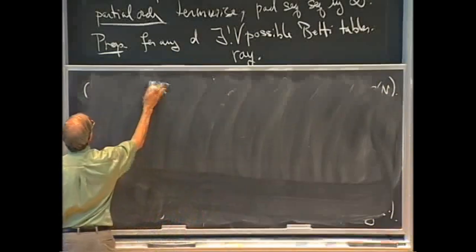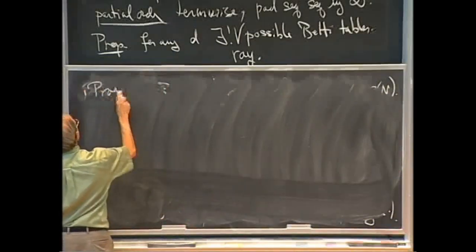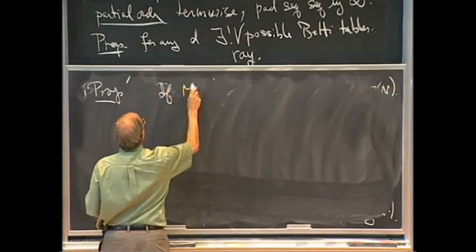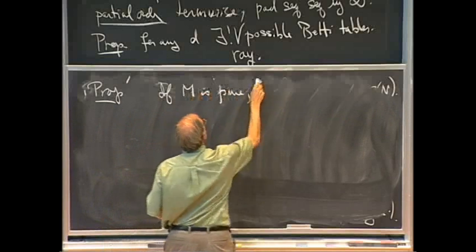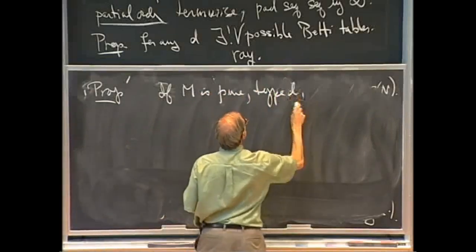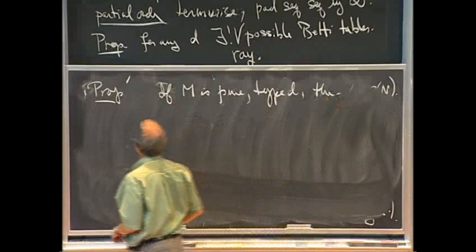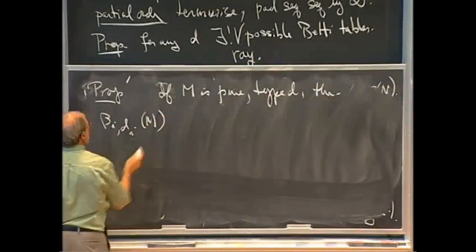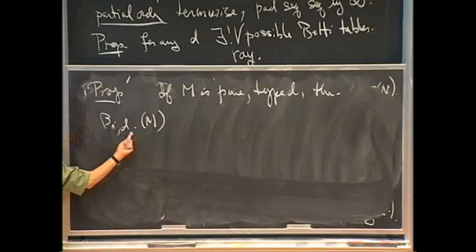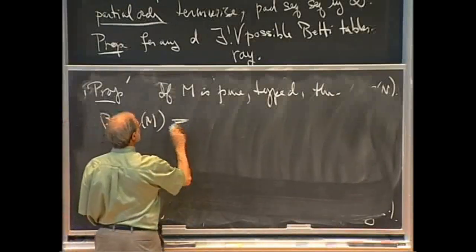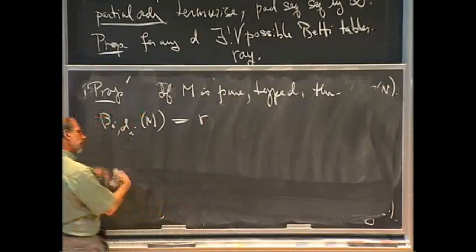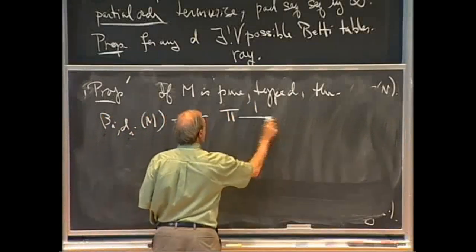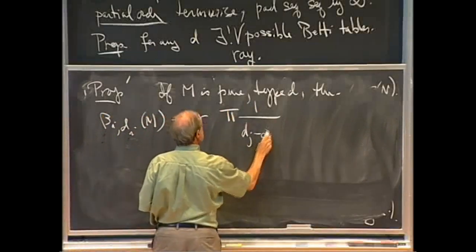So a better proposition, proposition prime: if M is pure of type D, then beta i d_i of M, that's the only beta ij which is non-zero, is actually equal to some multiple R, the same for all the i's, of the product of 1 over |d_j minus d_i|.